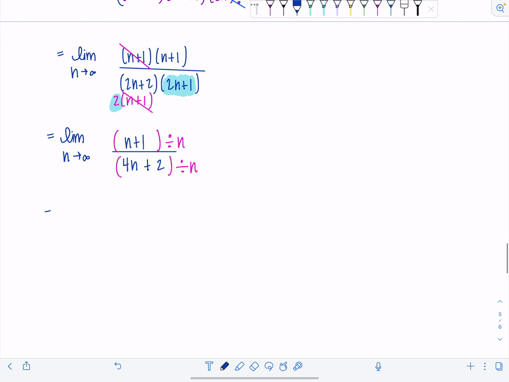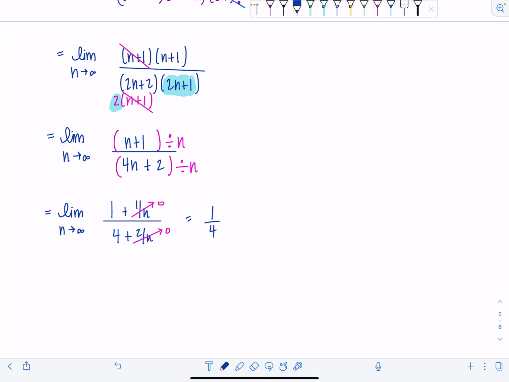And then now we're going to have the limit as n approaches infinity, 1 plus 1 over n, and then in the denominator this is 4 plus 2 over n. And then now we can see, okay, 1 over n, that's going to go to 0 as n gets big. 2 over n goes to 0, and we're just left with 1/4.